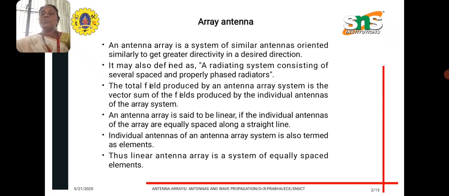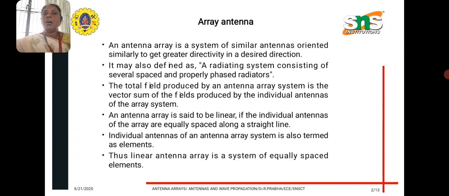Now coming to the array antenna definition, an antenna array is a system of similar antennas oriented similarly to get greater directivity in a desired direction. The main aim of using an antenna array is to increase the directivity so that we can get the sharpest radiation pattern which is required.